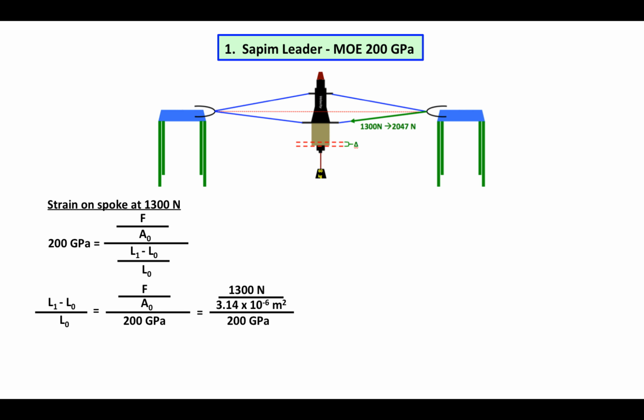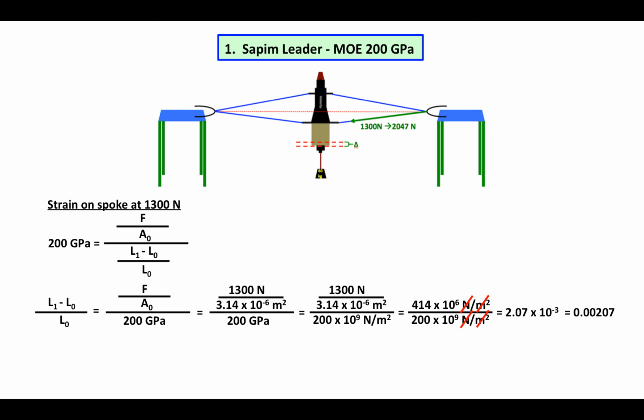Here I'm converting the denominator into newtons per square meter, which is of course the definition of a pascal. And now I see I can cancel out my units, and when I do, I get that result, which I can express just as a decimal like this.